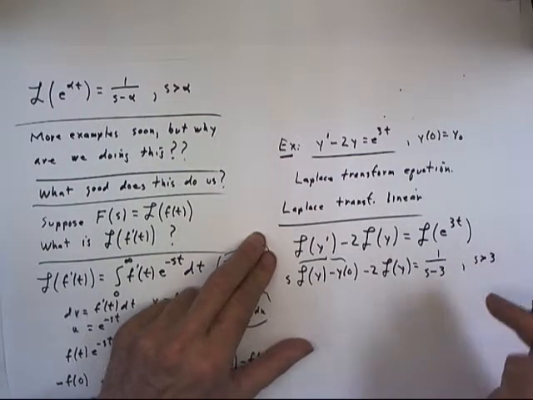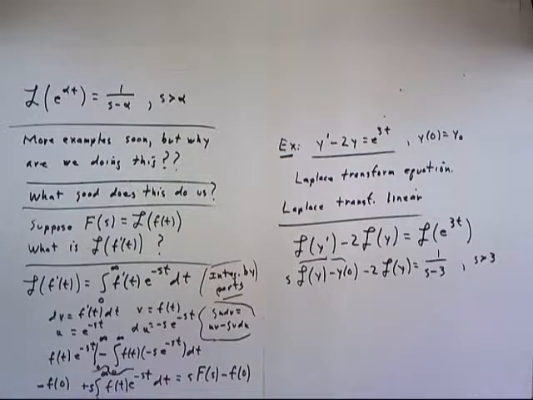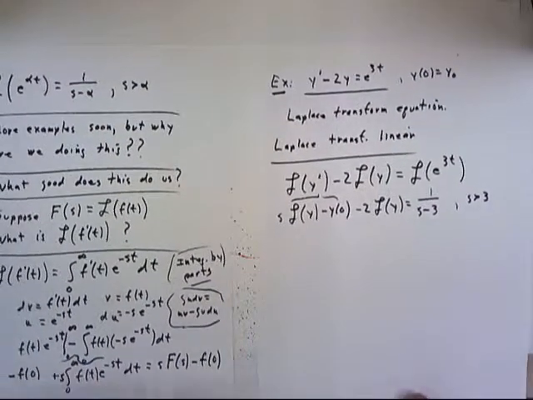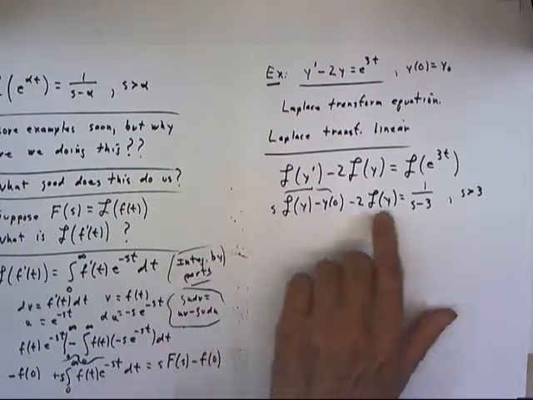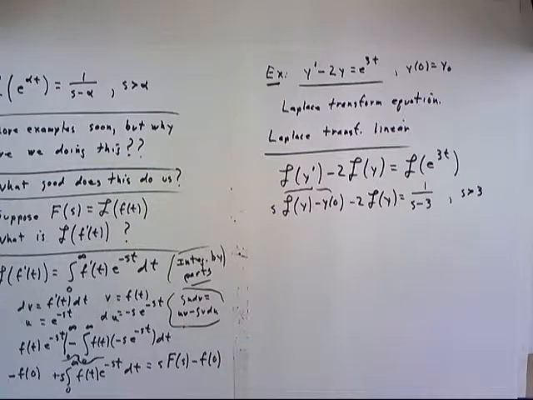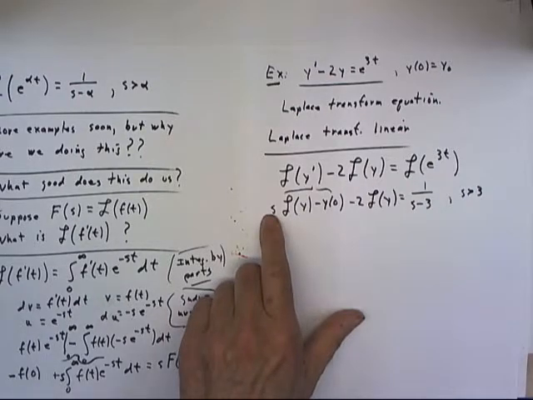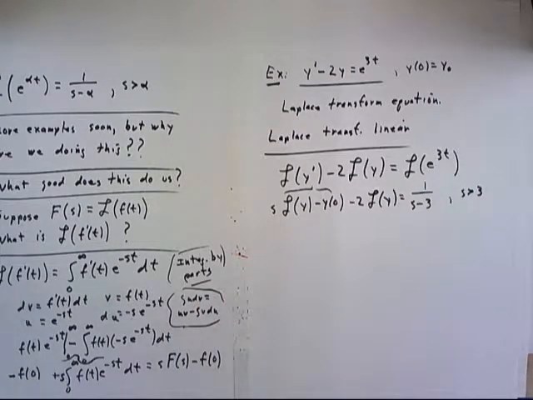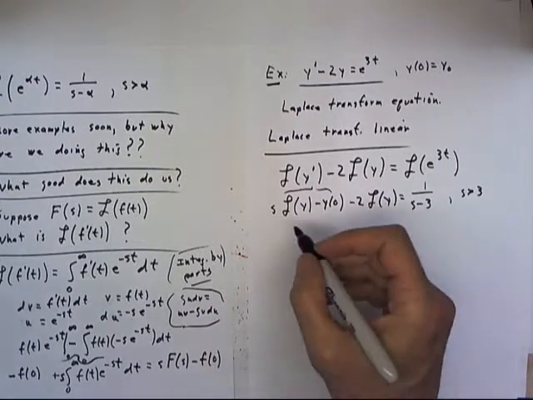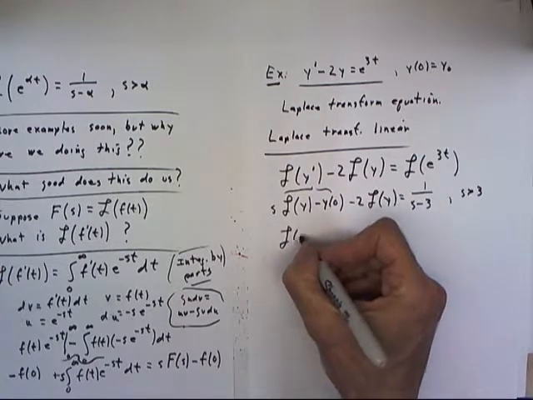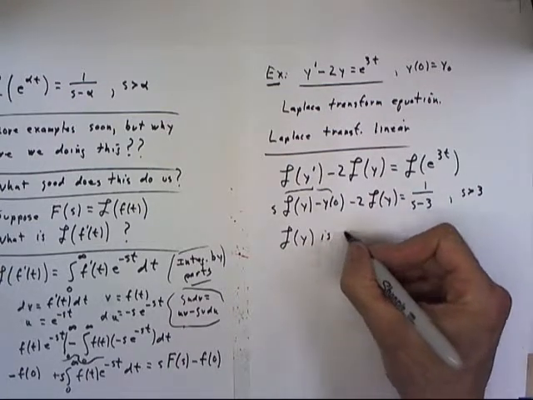And we'd better write down that s is greater than 3. So now we have, might not look like it to you, but this is just an algebraic equation. The only unknown in this equation, s is just a parameter, is our unknown.